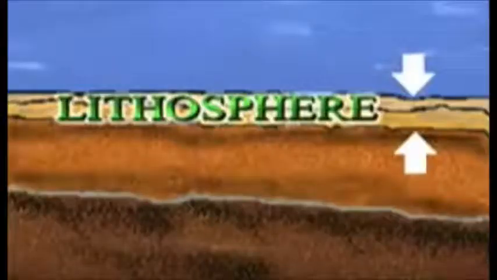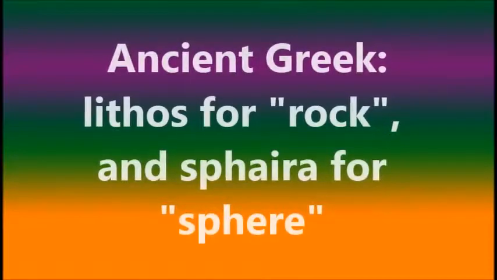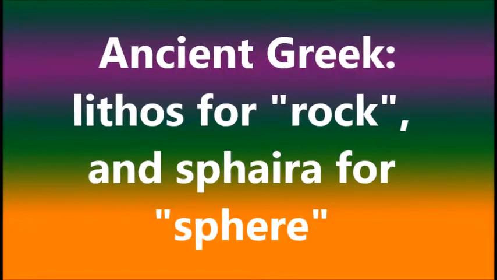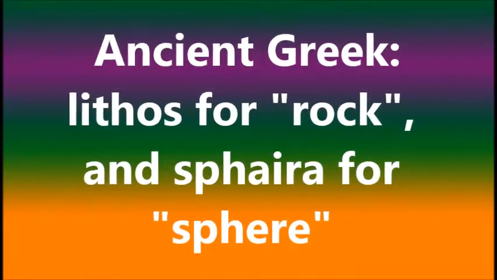At first, let us understand the meaning and importance of lithosphere. The outermost solid layer of the earth is known as the lithosphere. The word lithosphere is derived from the ancient Greek language, lithos and sphaira. Lithos means rock, sphaira means sphere.